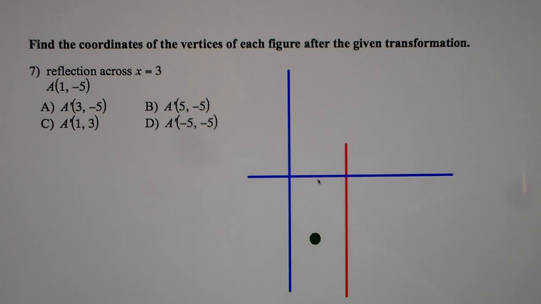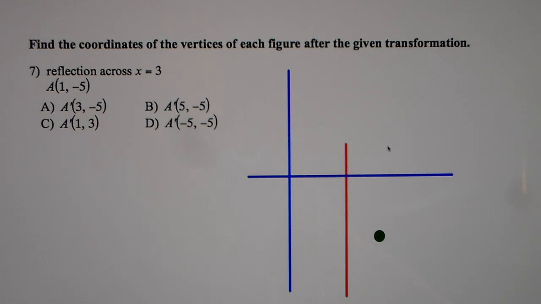When we reflect over it, well, this is 2 spots away from the red line, so we've got to go 1, 2, 1, 2. That'll be the reflection over that x equals 3 line. So if it's 2 to the right, that means 3 plus 2 is 5.